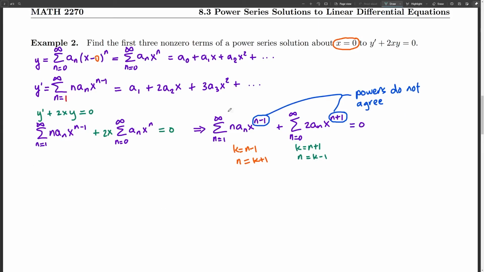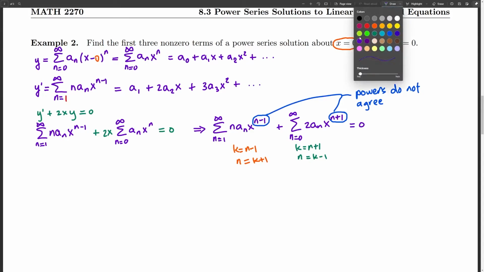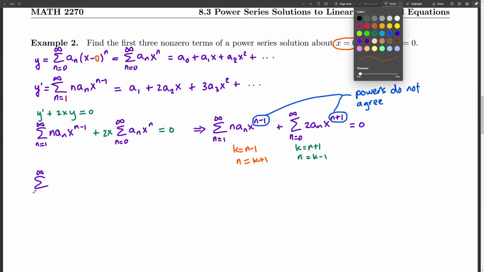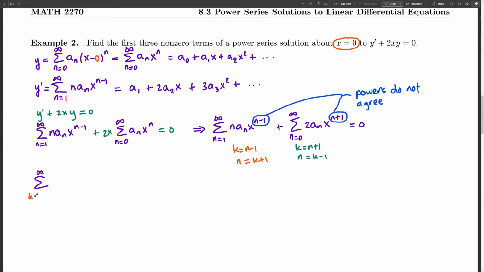So our power series now change as follows. So we have the sum to infinity. Instead of n equals 1, we have k plus 1 equals 1.